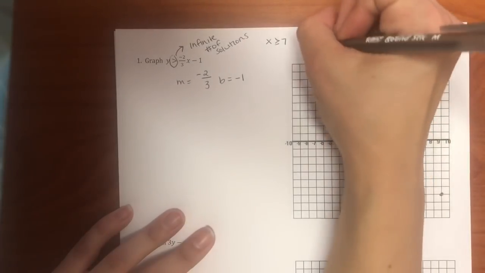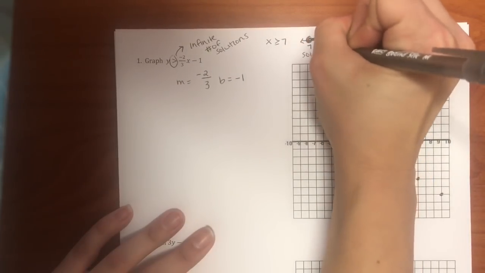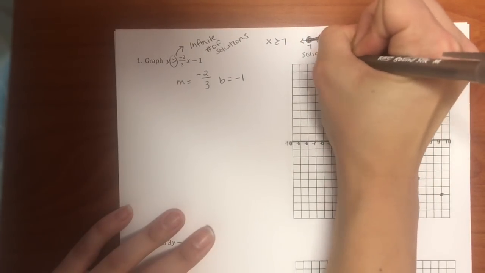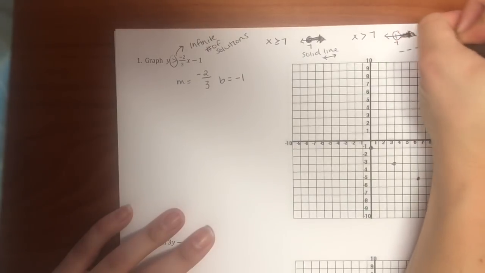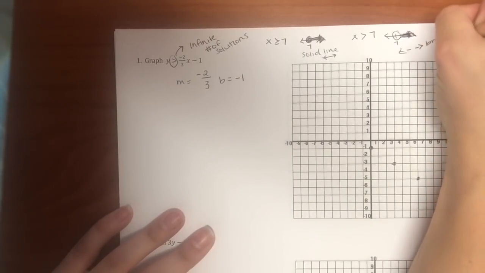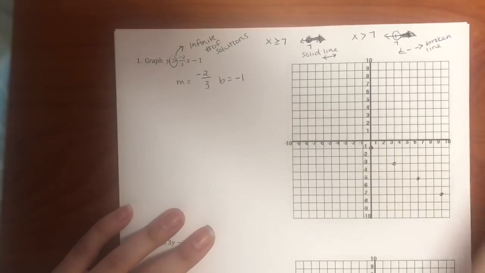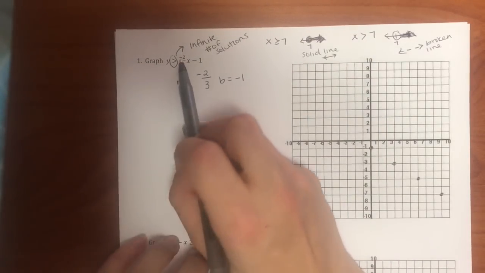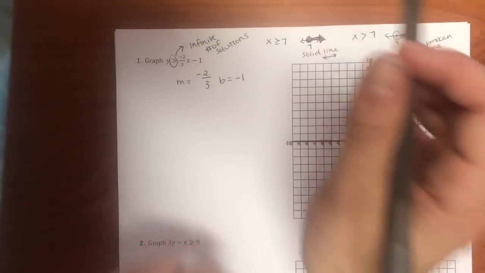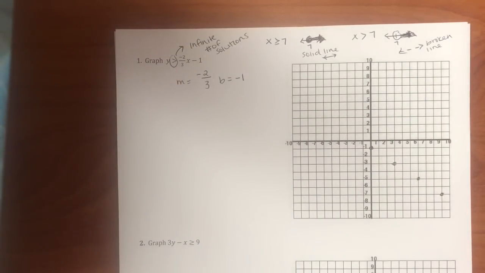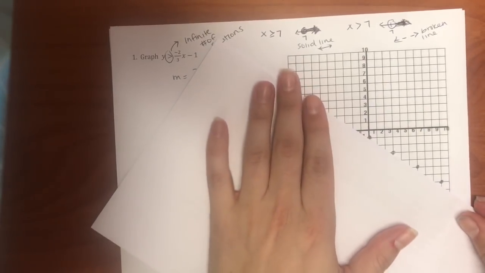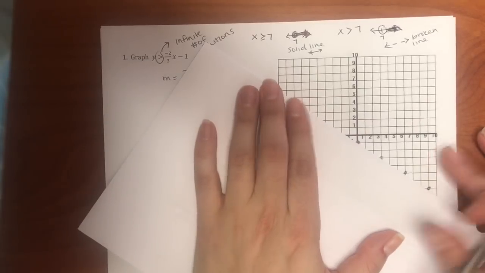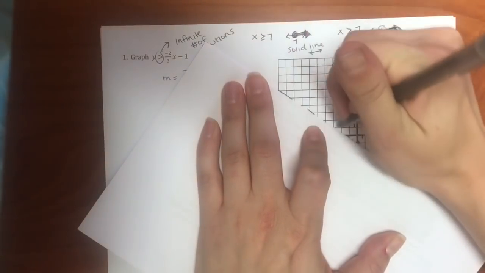So here we can have a solid line for equals and a dashed or broken line for not equals. So since this one is just greater than and not equal to, we end up just having a dashed line with breaks in it.